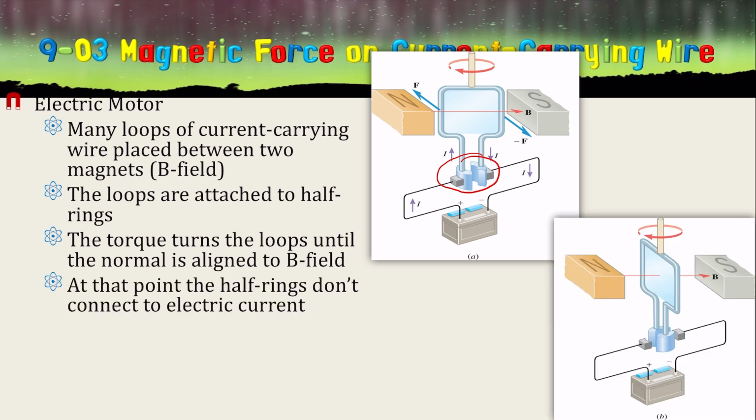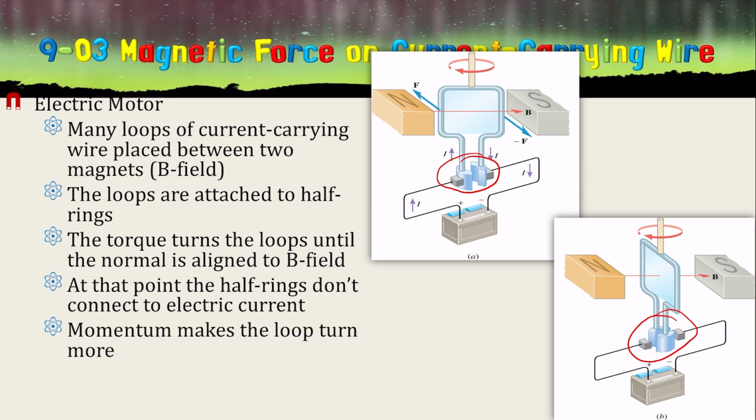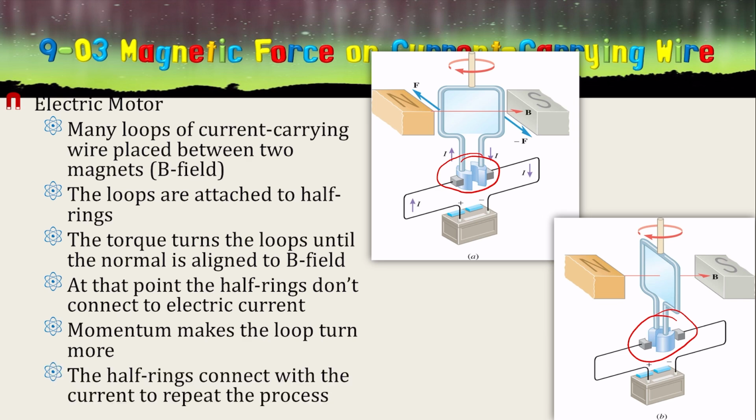But when it's aligned like that, notice now there's no contact with the wires and the loop because of the break in the half rings. So now there's no more current. So that means momentum will continue turning the loop, and when that happens, the half rings will make contact again and repeat the process, which will cause our loop to continue to spin.